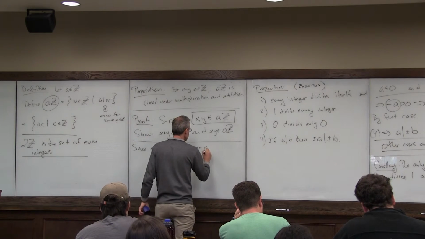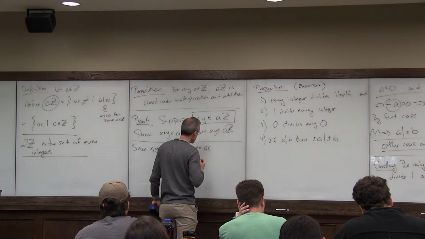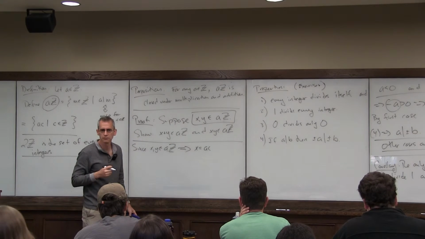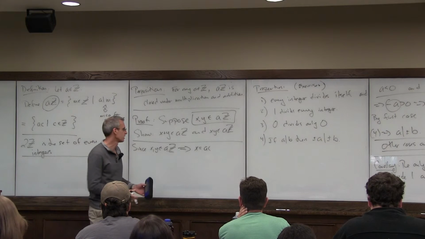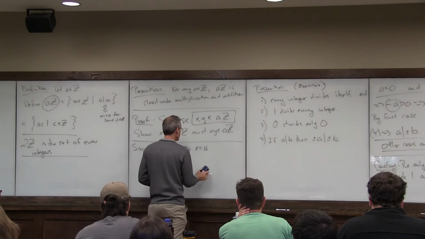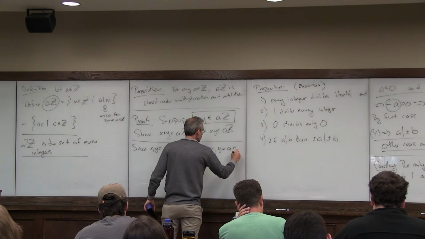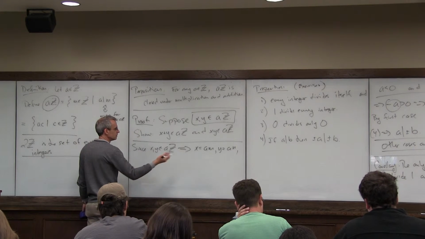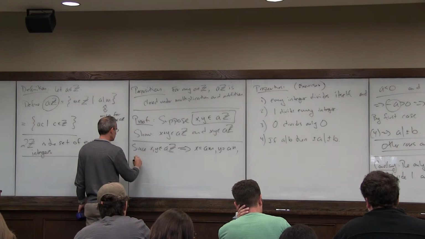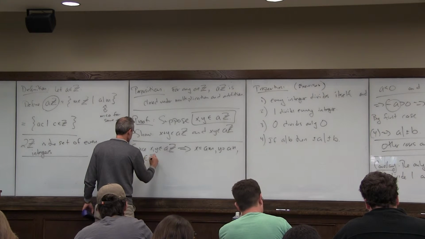Okay, x equals AM. And y equals? Yeah, pick a different letter. And actually, I don't like C and D at all, so I'm just going to say x equals AM and y equals AN, where, what about M and N? They are elements of Z. Yeah, these are integers.